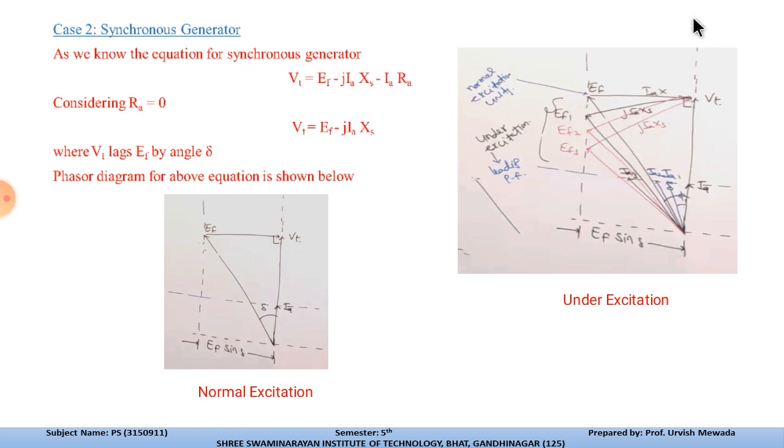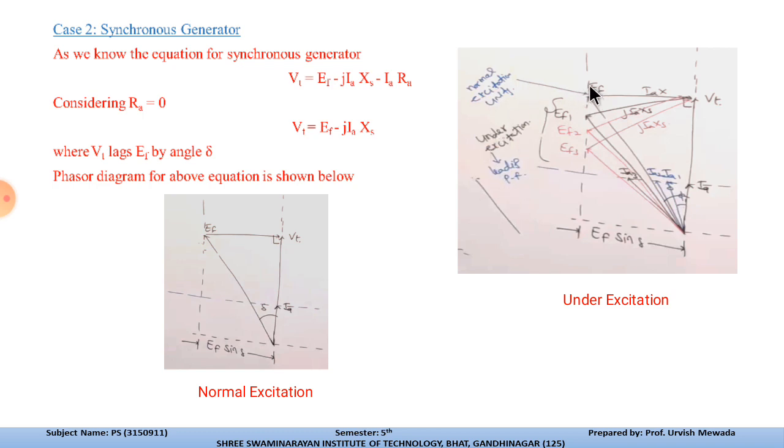after subtracting the losses. Now this is the under excitation, in which you can see this line is the line for the normal excitation, and below this line you get Vt more, meaning Ef is less than Vt. This mode is called the under excitation mode, or the leading power factor mode.